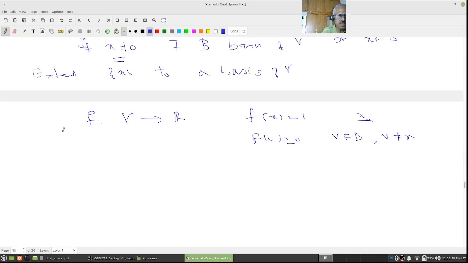Define a linear function so that this holds. So you know how to do these things. Now we have done it many times.